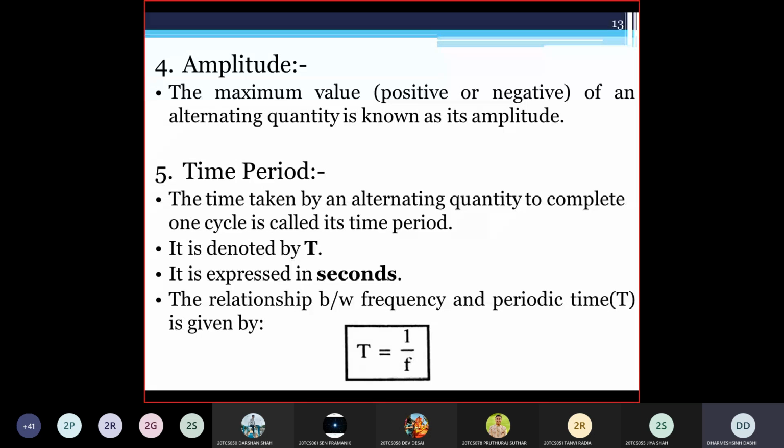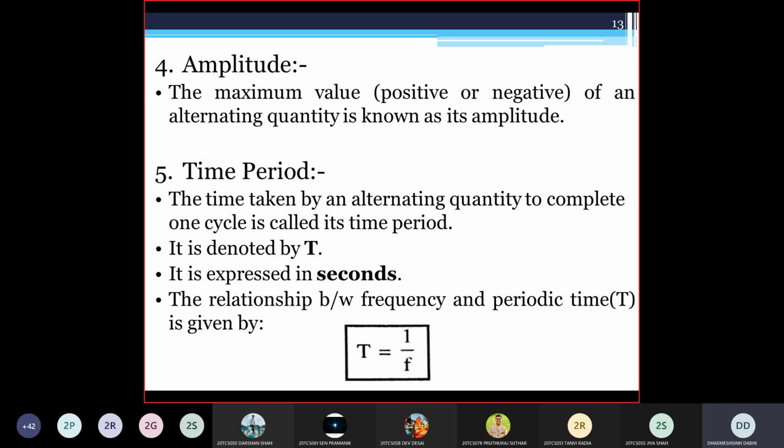Next definition, frequency. When I say that my frequency is 50, what does it mean? The number of waves in 1 second.